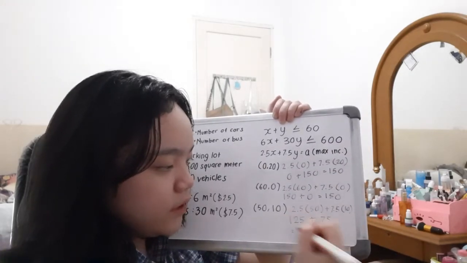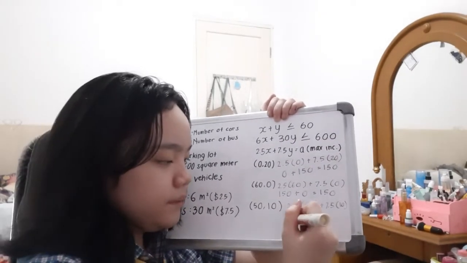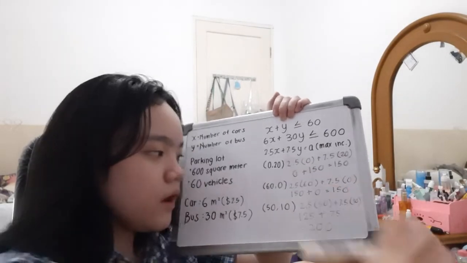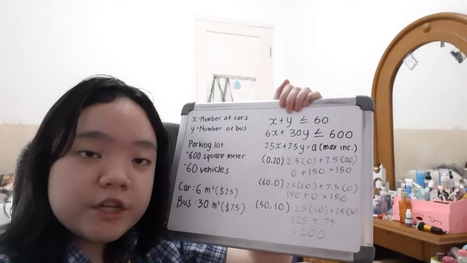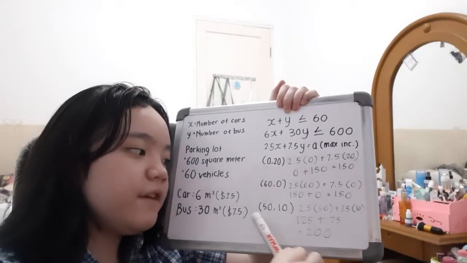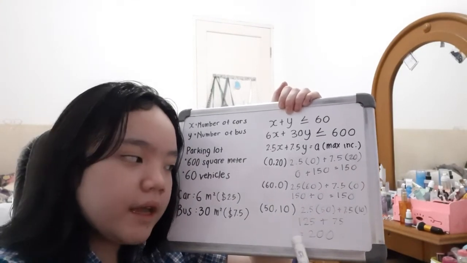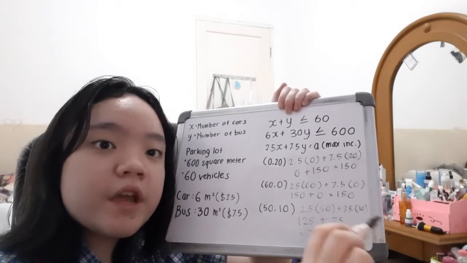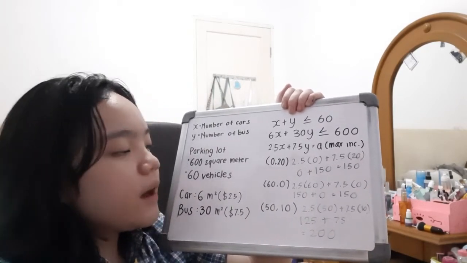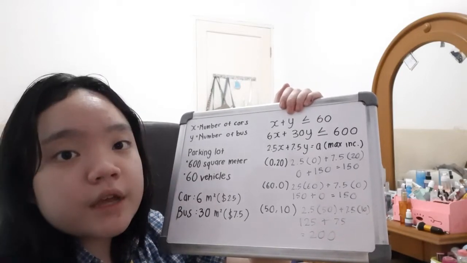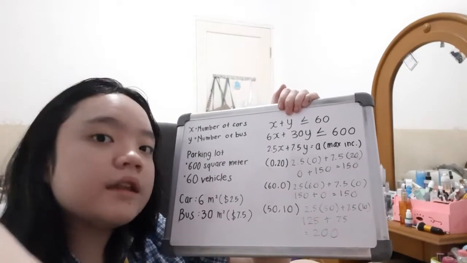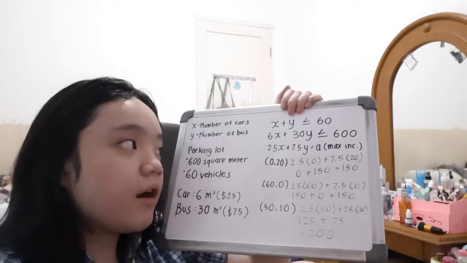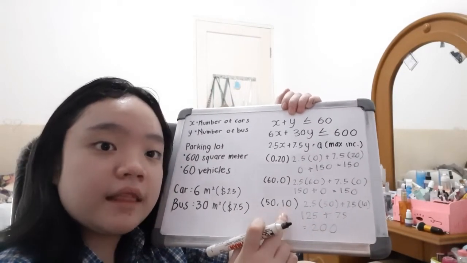So in total for this one, we will get 200. From these three calculations, we can see that the point 50,10 will gain the most income, which is $200. So with that, we can conclude that the numbers of cars and buses that will gain the maximum income are 50 cars and 10 buses.